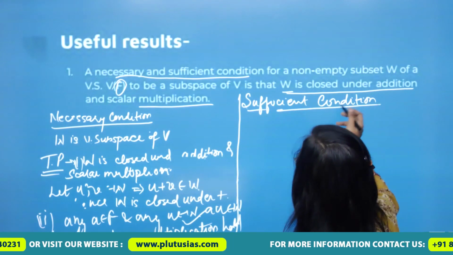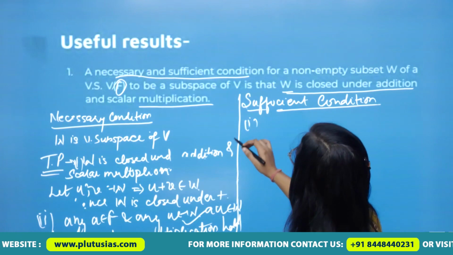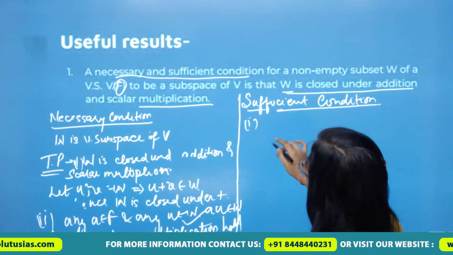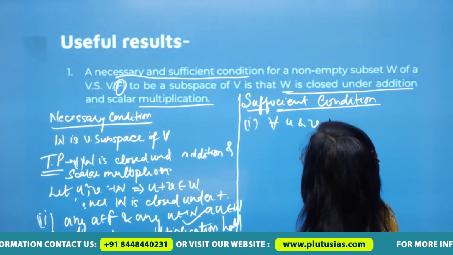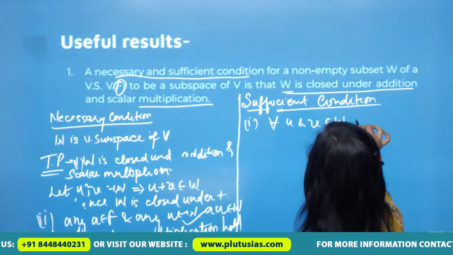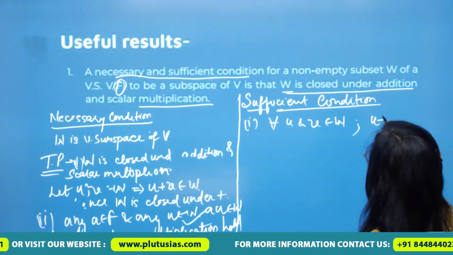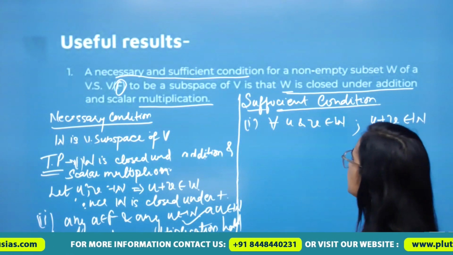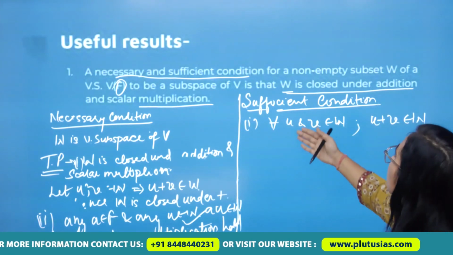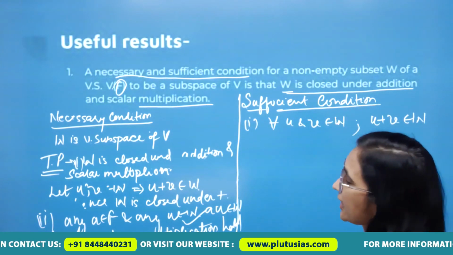How will we write it mathematically? If W is closed under addition, that means for all u and v belonging to W, u plus v would also belong to W, right? This is the mathematical formulation that W is closed under addition.